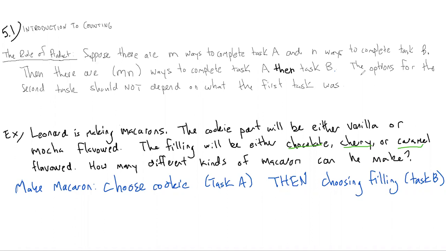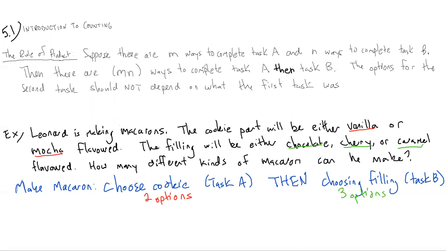So what we would do here, we would choose the cookie, task A, and so it's either vanilla or mocha. So there's two options. And I've already got those underlined for the filling parts. It's chocolate cherry or caramel. So there's three options.